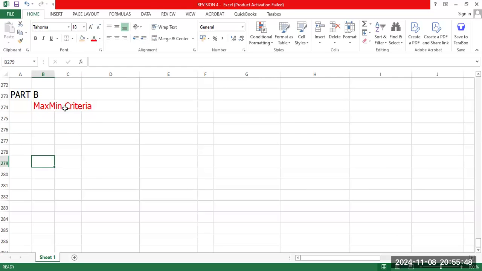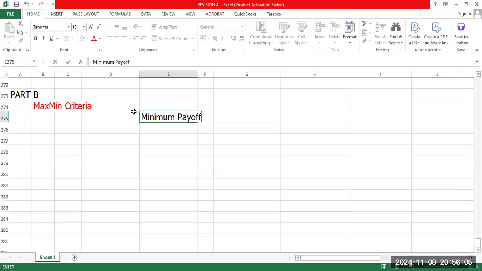Remember when you're using max mean criteria, we start by identifying the minimum payoffs for each alternative. So what are your decision alternatives here?